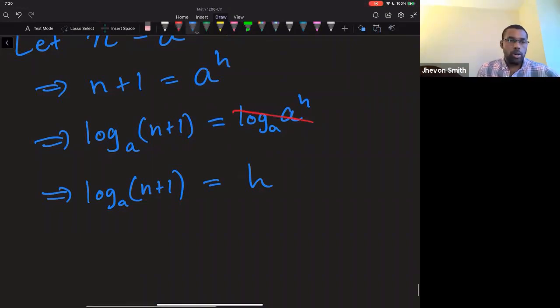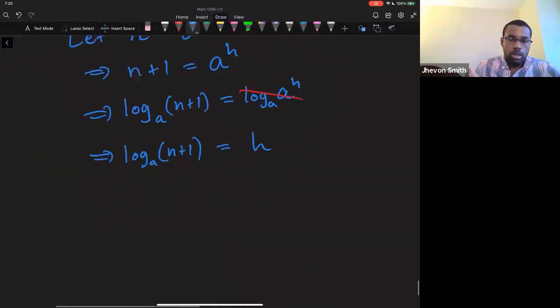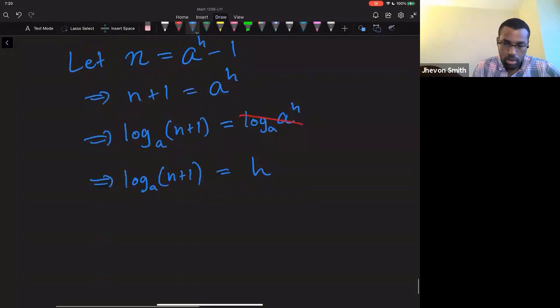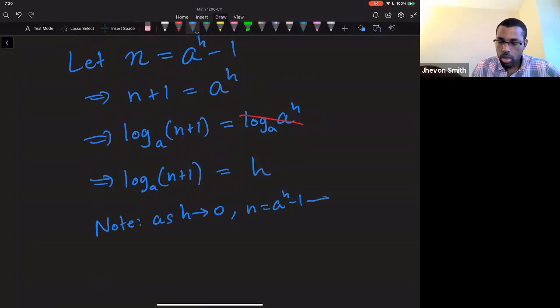Okay, so what I can do now, also what I can say is, note as h approaches 0, then n equals a to the h minus 1 will also approach 0. Because a to the 0 would be 1, and then you have 1 minus 1.